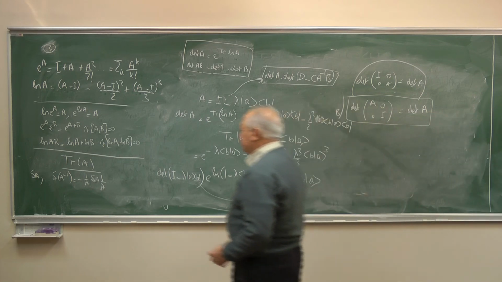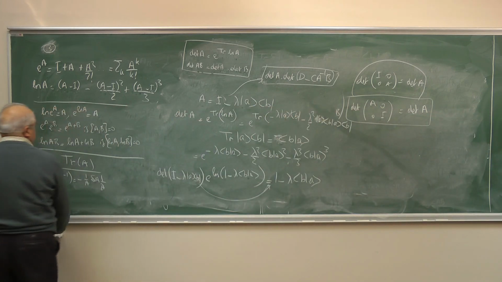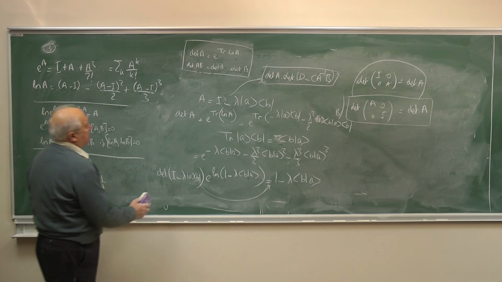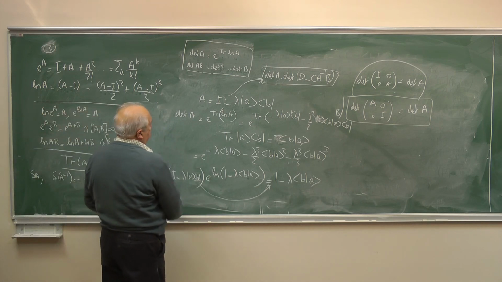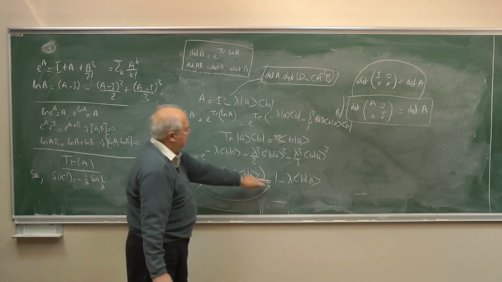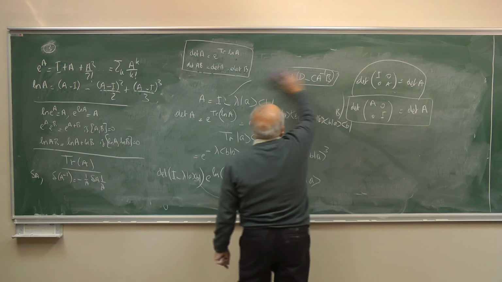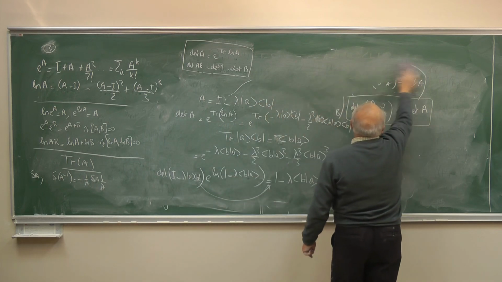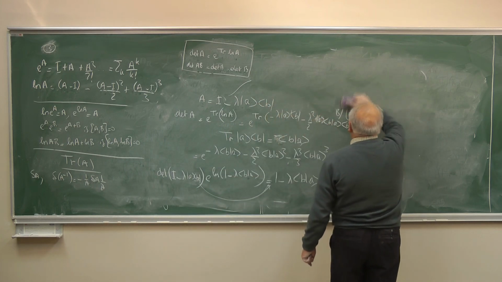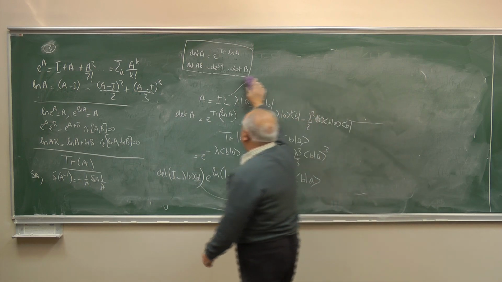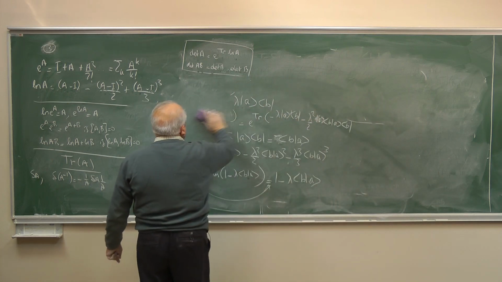All right. So the determinant of this A is 1 minus lambda BA. I'm erasing all this. Now, one last thing and we will finish this.